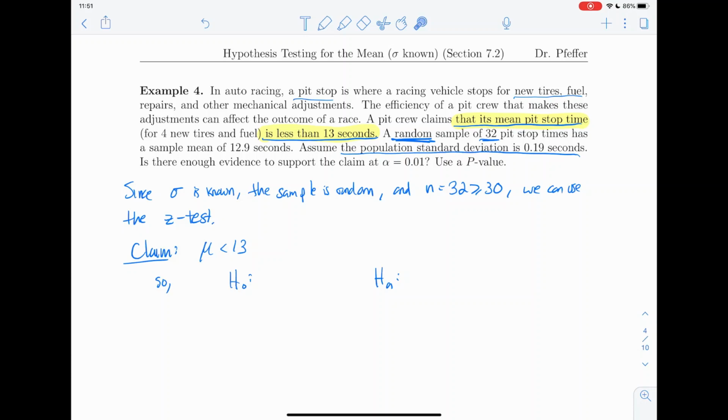Remember, however, that the null hypothesis always contains the equal sign. There's no equal sign in the claim, so that means the claim cannot be the null hypothesis. The claim must be the alternate hypothesis. The opposite of mu being less than 13 is mu being greater than or equal to 13. So these are our null and alternate hypotheses, where the claim represents the alternate hypothesis.